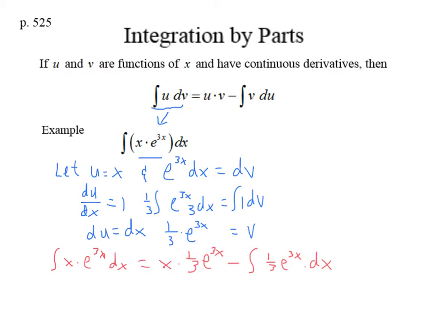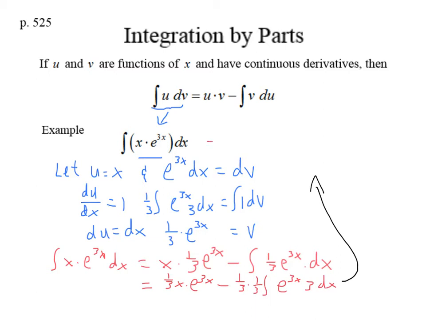So let's see, we're going to have 1/3 x times e to the 3x, and then we're going to have minus, we can bring that 1/3 out, and we've kind of done this already. To integrate e to the 3x, we need a 3 times the dx, and we'll compensate with another 1/3 out there. So let's see, I'll just bring my answer right up here now.